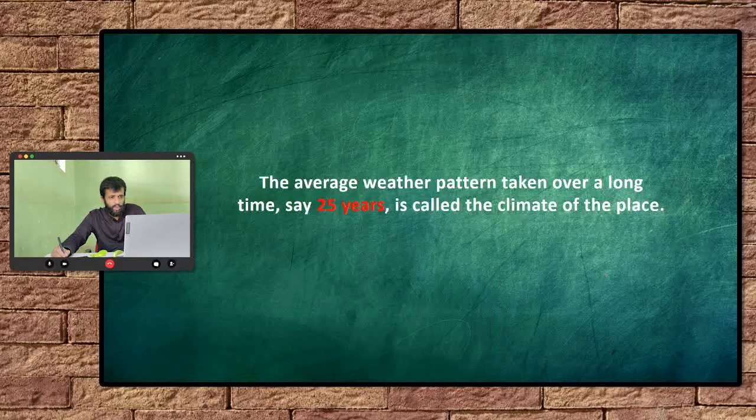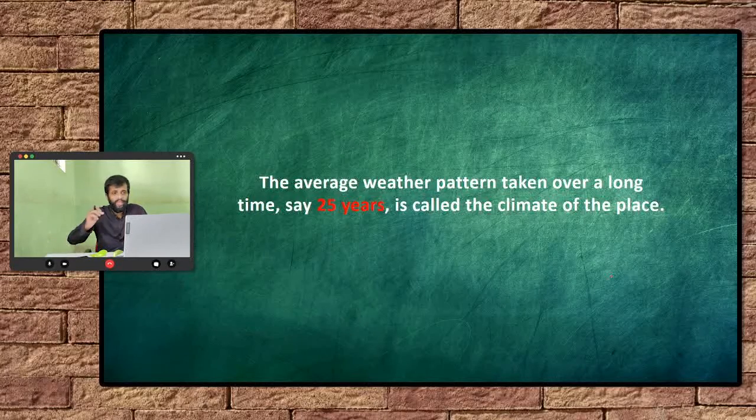Next, the average weather pattern taken over a long time, say 25 years, is called the climate of the place. We are able to tell the climate of a particular place based on the weather that we take over a long period of time, not just one day, one month, one year, but over almost 25 years.